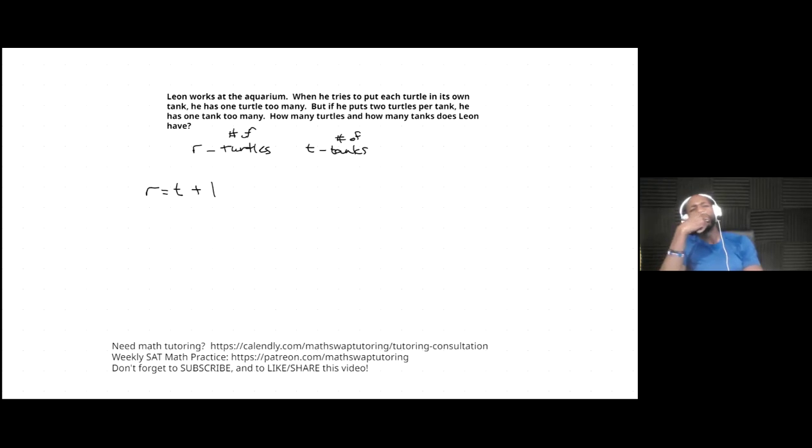Let's think. If he puts two turtles per tank, each tank gets two turtles. So 2R is equal to the number of tanks. No, it's not going to be 2R.